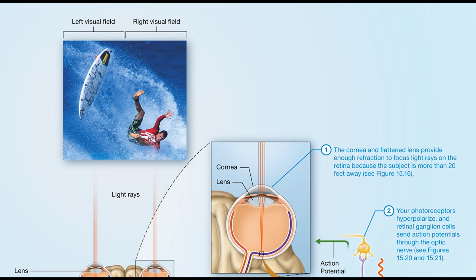Well, the cornea and the flattened lens provide enough refraction that focuses the light rays from your friend and his surfboard back onto the retina, and that's because the subject is more than 20 feet away, right?